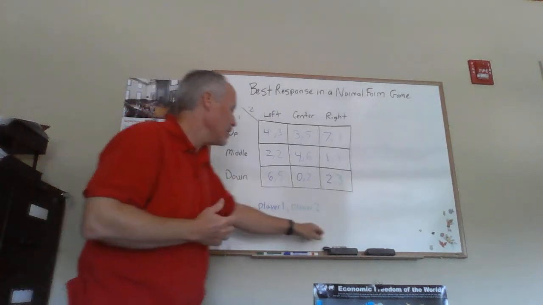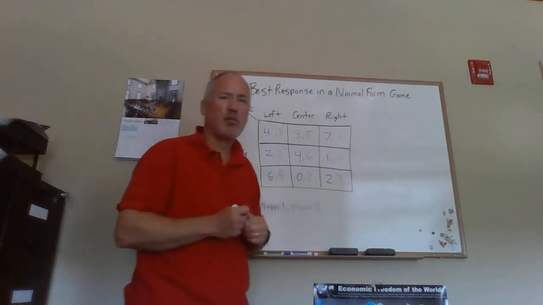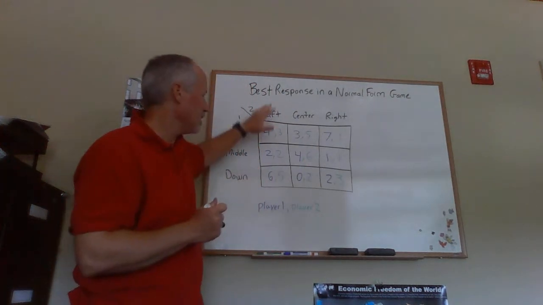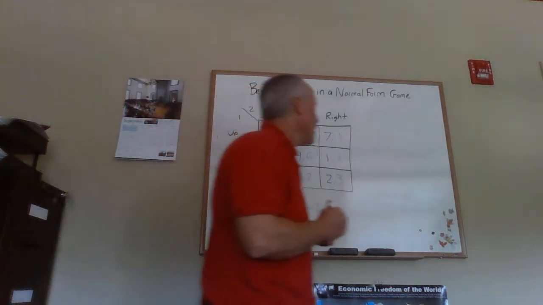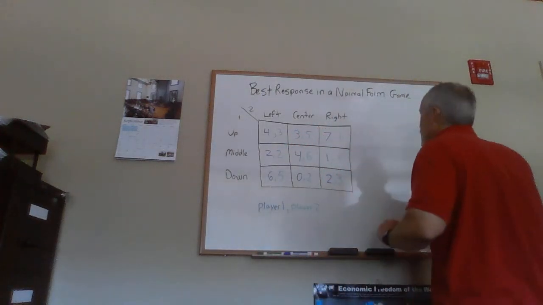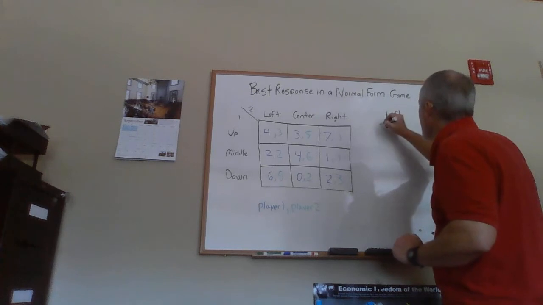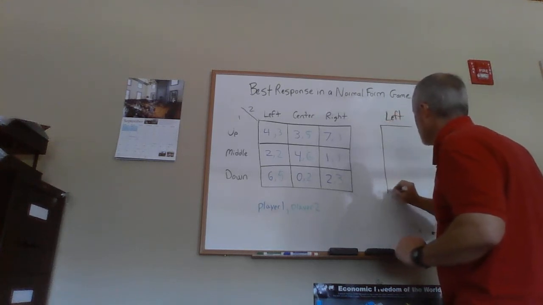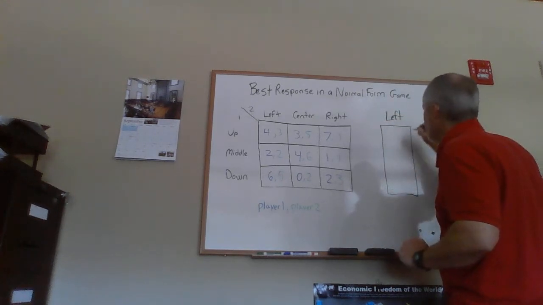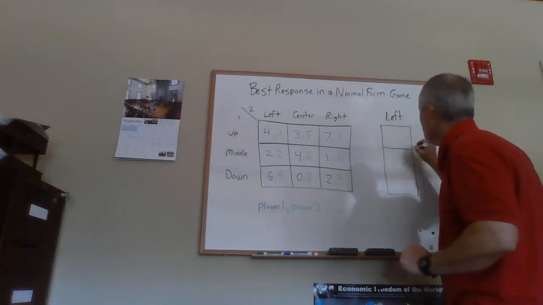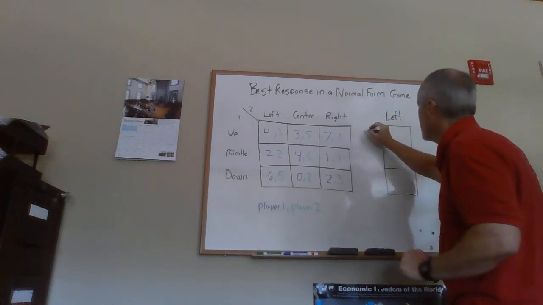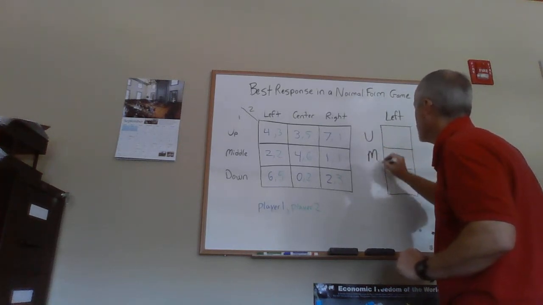One way to visualize this, I could erase everything here, but another way of thinking about it is I'll come over here and rewrite left, and just reconstruct this column of the matrix, and I'll use the initials up, middle, and down.